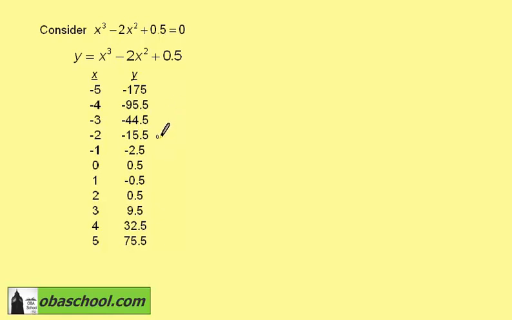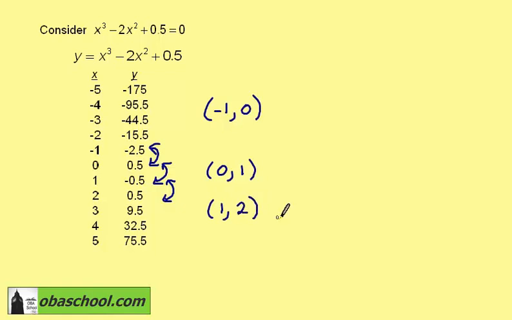We can see a change in sign just here, and that implies there's a root in the interval -1 to 0. There's another change in sign just here, which implies a root between 0 and 1, and another change in sign just here, implying that there's a third root between 1 and 2.